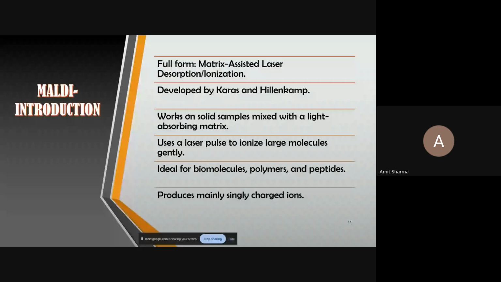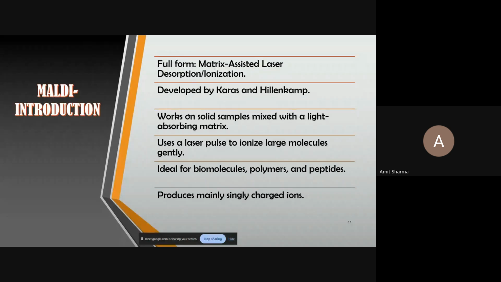MALDI is ideal for biomolecules, polymers, and peptides because they are large and fragile molecules, as I've already said earlier. And MALDI produces mainly singly charged ions.